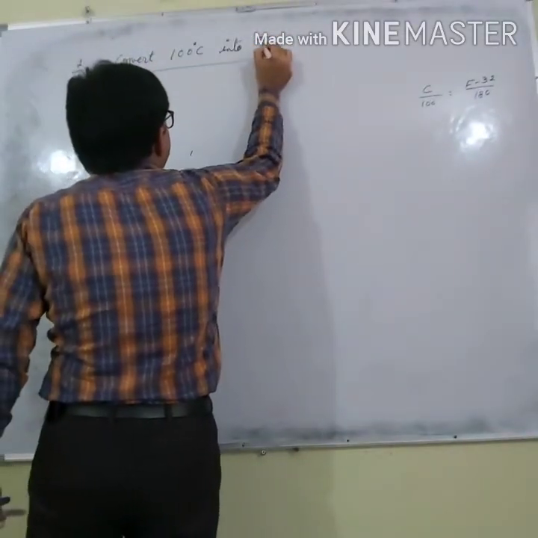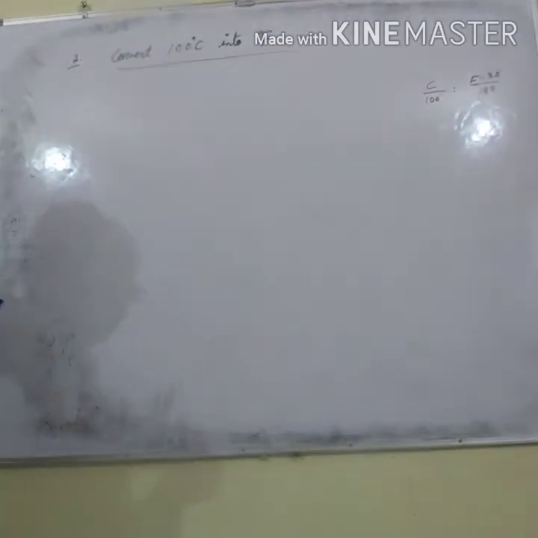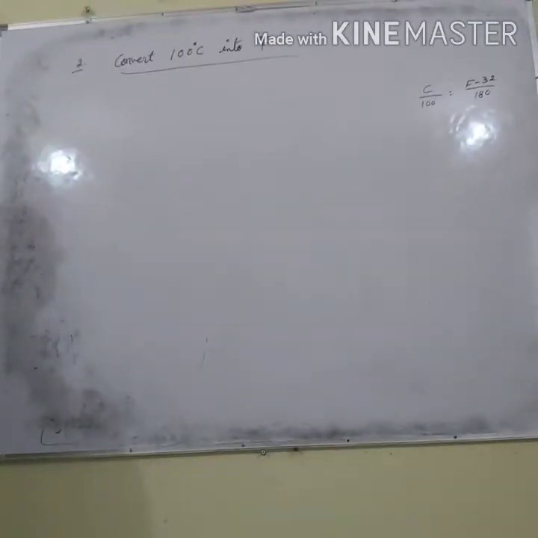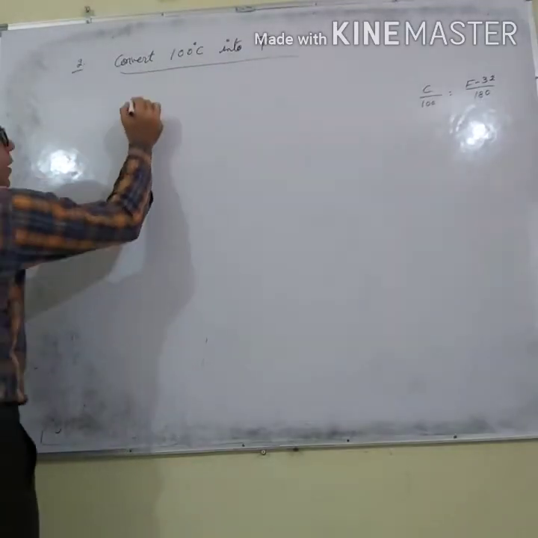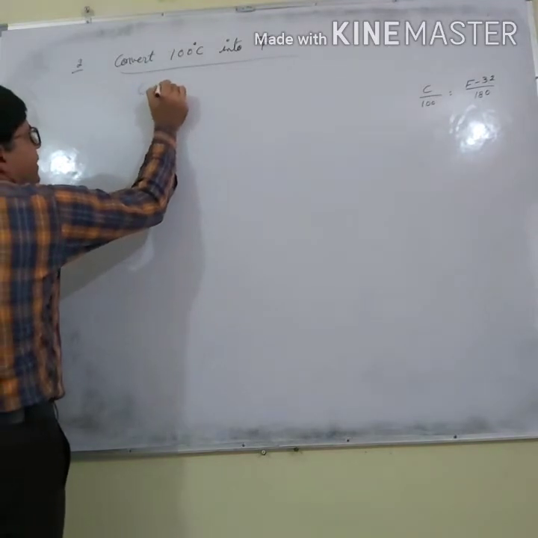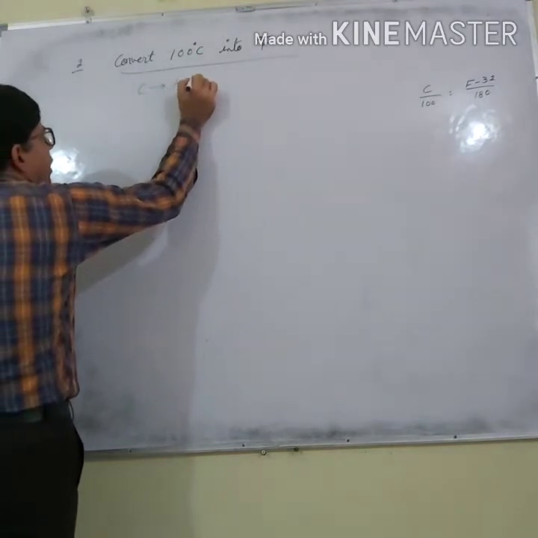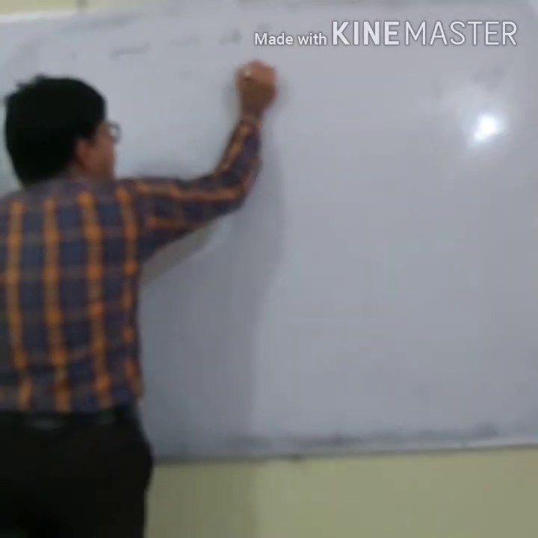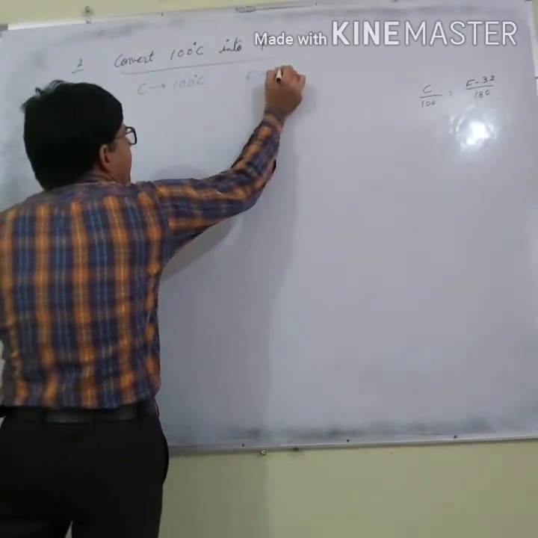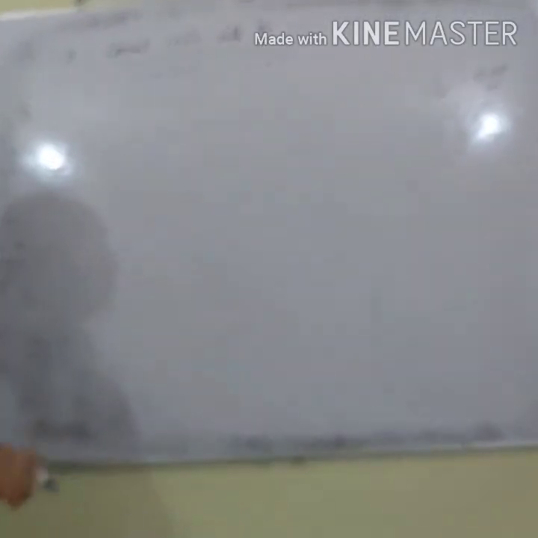How can I convert 100 degrees Celsius into degrees Fahrenheit? Let us do this. The rule is very simple. The temperature in Celsius is given, 100 degrees Celsius, and I have to find the temperature in Fahrenheit. That I have to find out.